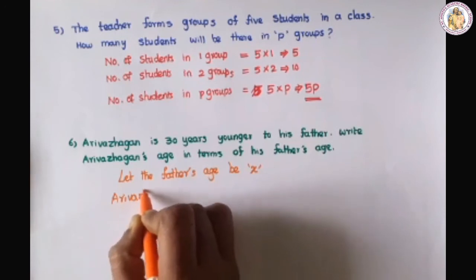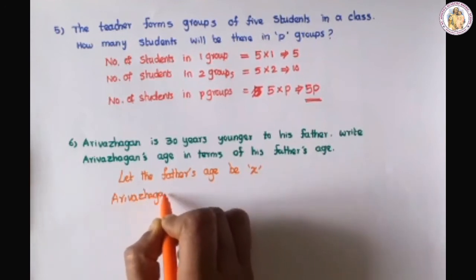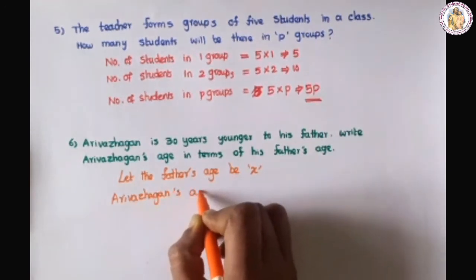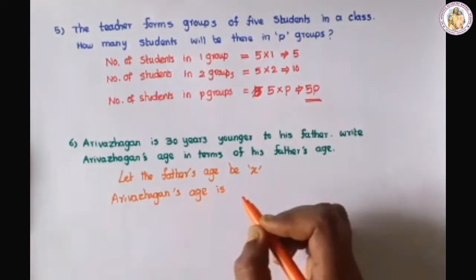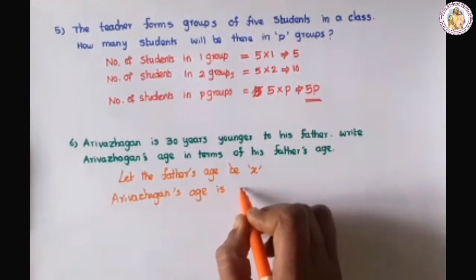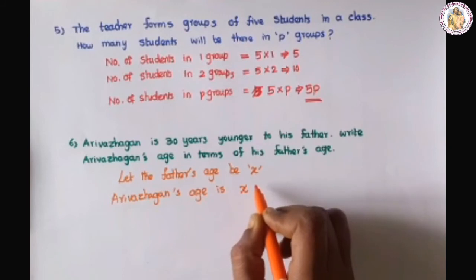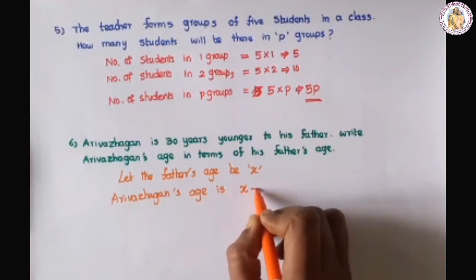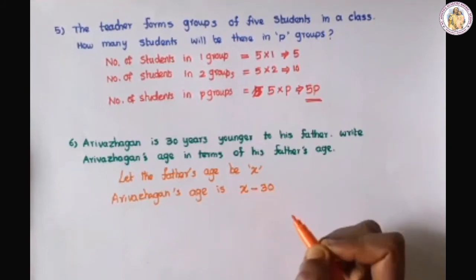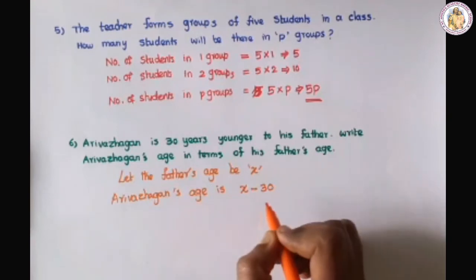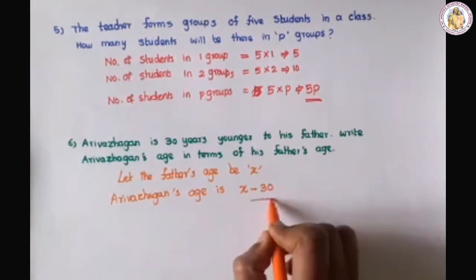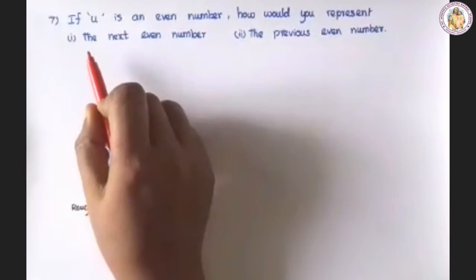Arivalagan's age is what? x minus 30. That is Arivalagan's age. That is the answer.